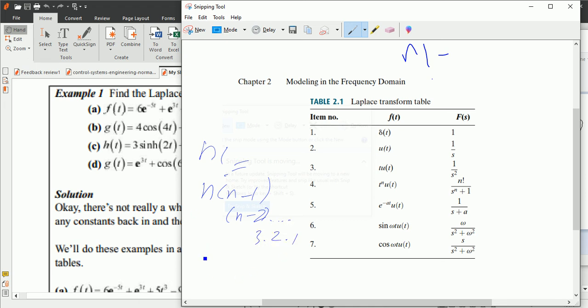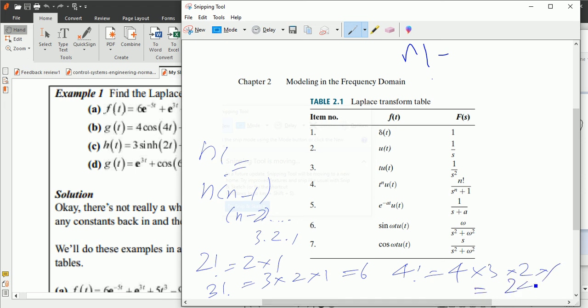For example, 2 factorial will be equal to 2 cross 1, 3 factorial will be equal to 3 cross 2 cross 1 equal to 6, 4 factorial will be equal to 4 cross 3 cross 2 cross 1, so that will be 24. Got it? If you have t cube here, it will be 3 factorial over s to the power 4.